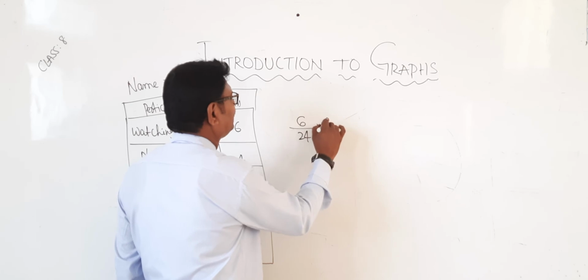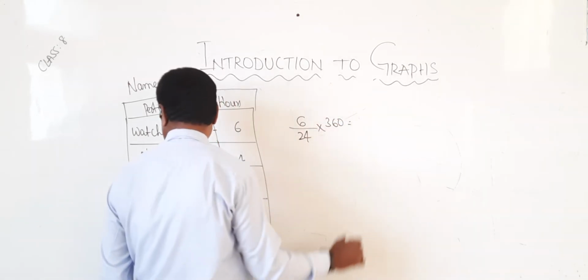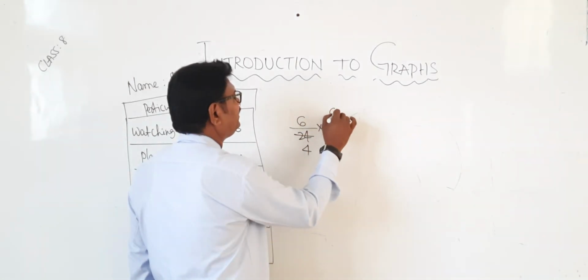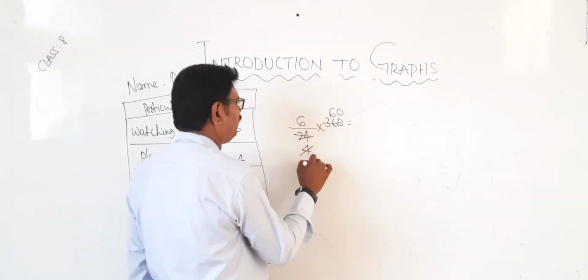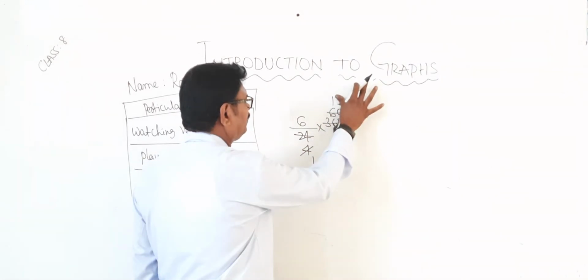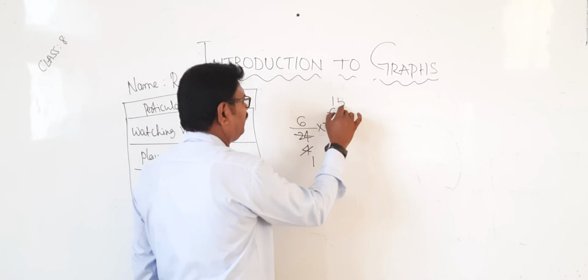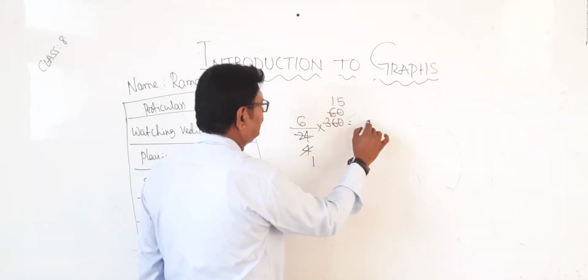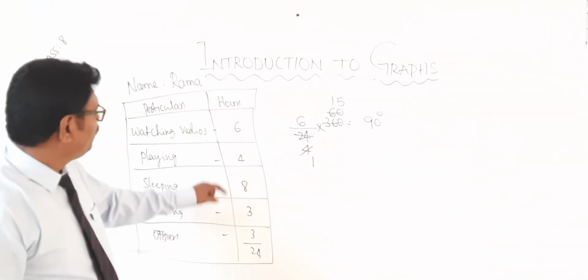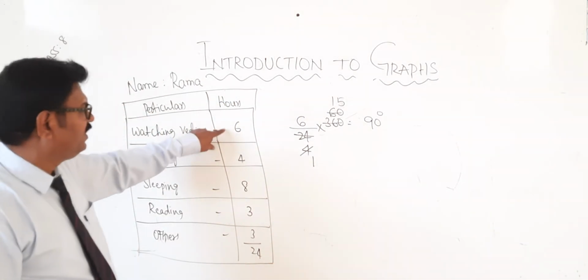Into the sum of the angles at the center, 360. So 6 over 24 into 360. 24 into 15 is 360, therefore 15 into 6. How much is it? 90 degrees. Therefore this 6 hours is converted to 90 degrees.